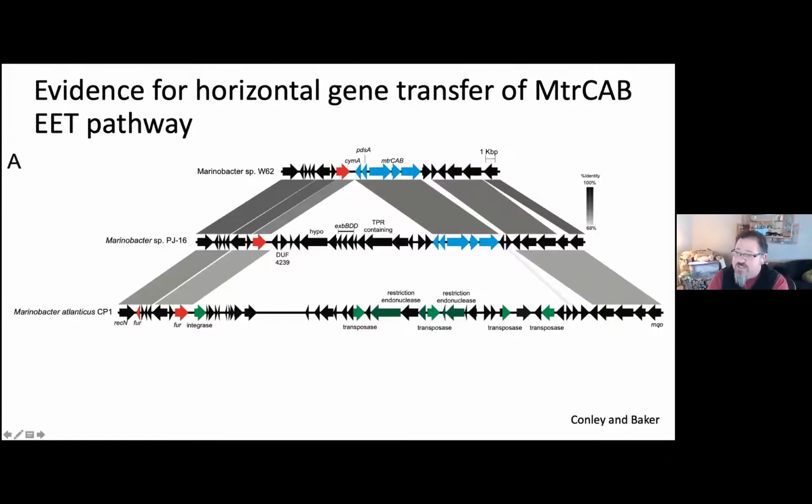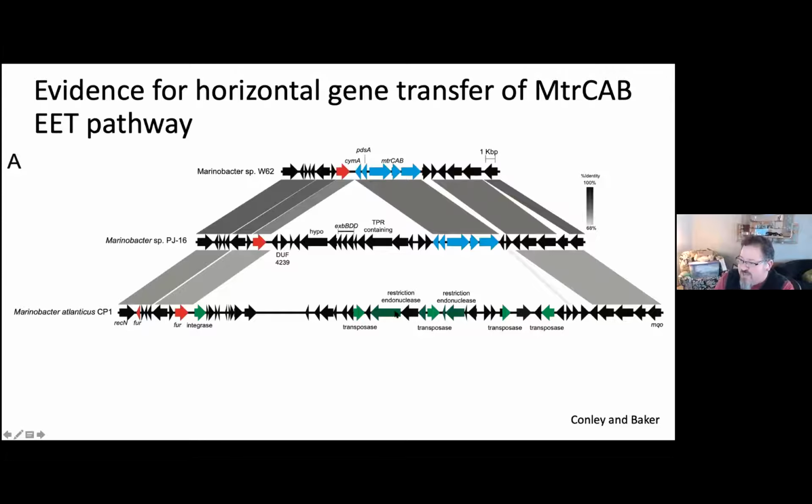Another instance, so these are now 2 different Marinobacter strains, also being compared to Sarah Glavin's strain, CP1. This W62 strain has got this pathway here again. And then there's another Marinobacter strain that has got this exact same pathway with a whole bunch of extra bits here. And then this region in the CP1 strain is littered with elements that are often correlated to horizontal gene transfer events or transposition events.